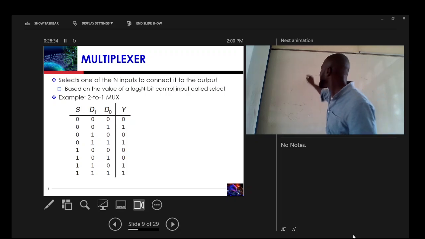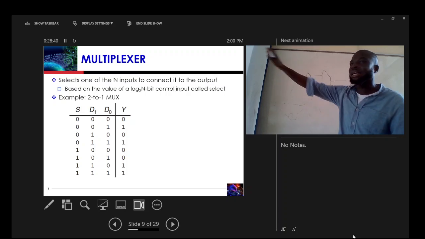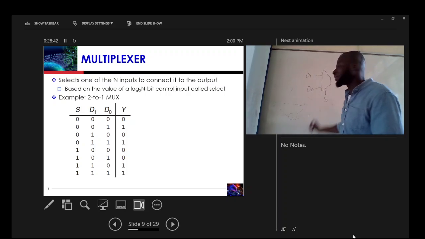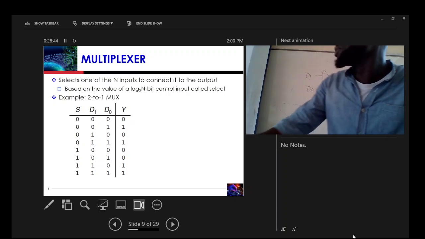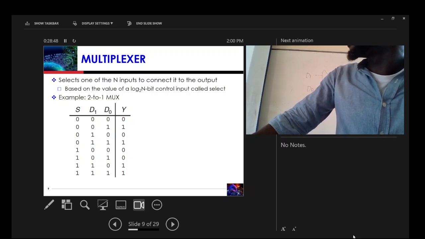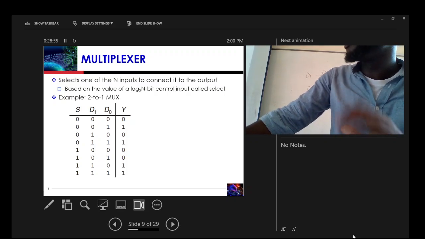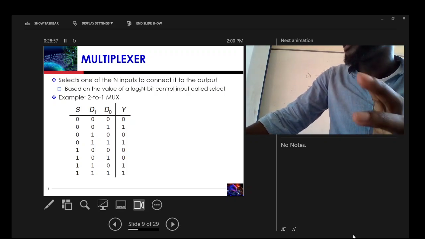You have input D1 and input D0, and then you have the output, probably Y, and the select line is the S there. So what do you notice in the truth table? When S is 0, what is the output? Look at the output. There are several zeros of S. So when S is 0, what happens to the output?